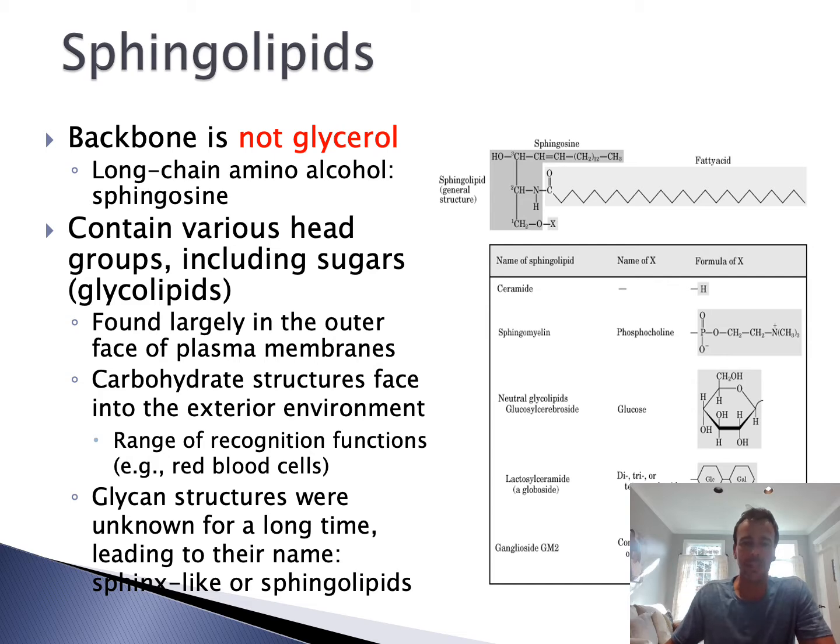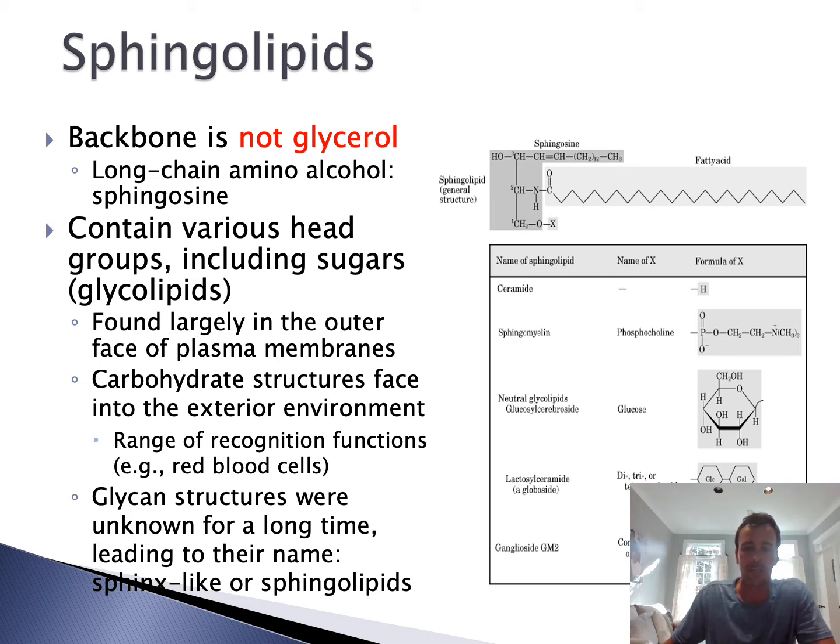This is a little bit in contrast to sphingolipids, where the backbone is not glycerol. The backbone is a long-chain amino alcohol called sphingosine, shown by this dark gray box here. And there's a fatty acid attached by the amide linkage, attached to the carbonyl, to this sphingosine backbone.